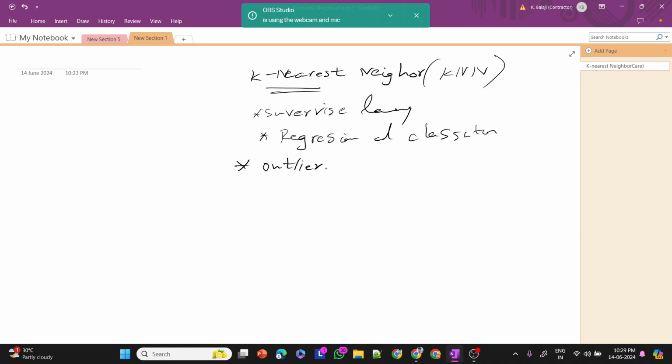Let's see how this KNN algorithm solves both the classification problem and the regression problem.